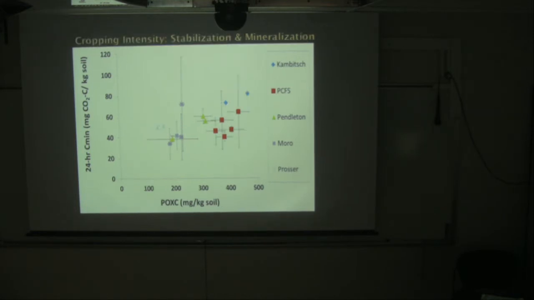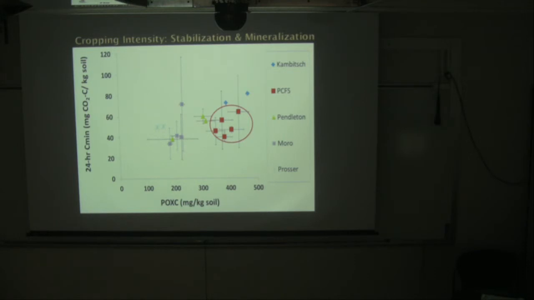And then looking at it on a cropping intensification basis, this is PCFS, which, as you recall, has 2 perennial rotations, an organic rotation, and then two annual rotations with spring barley or spring wheat, along with winter wheat, spring wheat. No significant differences there in stabilization or mineralization.